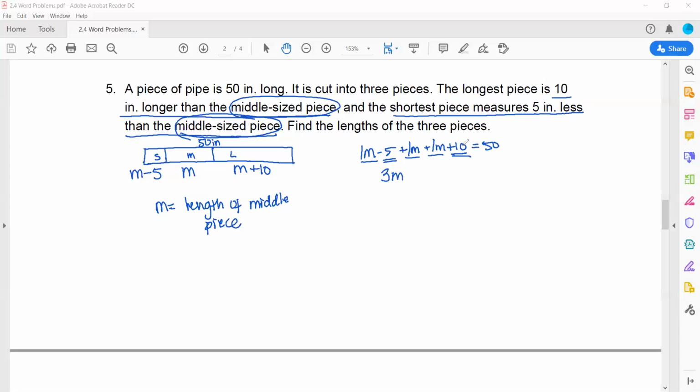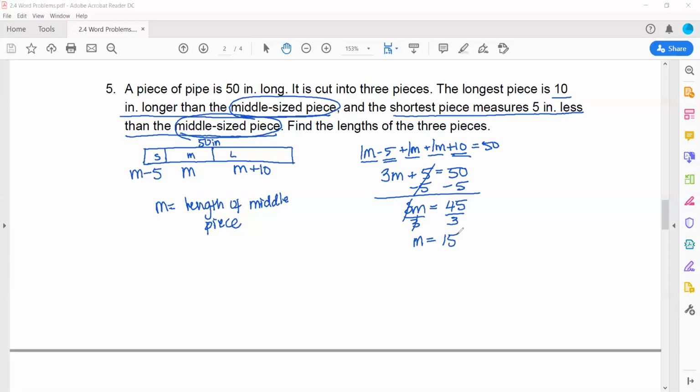Negative 5 plus 10 is positive 5. Then we move that 5 over to the right, so subtract 5, and we get 3m equals 45. Divide both sides by 3, and we get m equals 15.